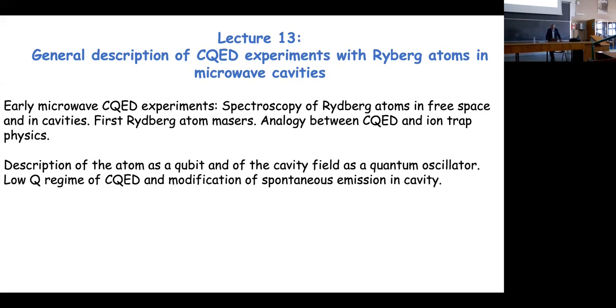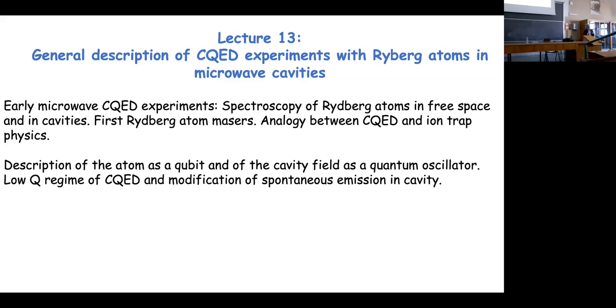Then I will describe the atom as a qubit and the cavity field as a quantum oscillator. In fact, cavity QED is just the physics of what you get when you couple a spin, a two-level system, to a harmonic oscillator. And these are very simple systems. In quantum physics, they are the only systems, maybe along with the hydrogen atom, for which you can compute everything without approximation.